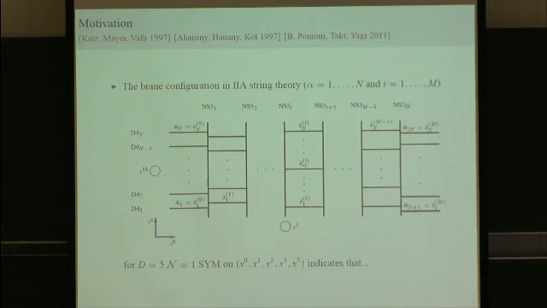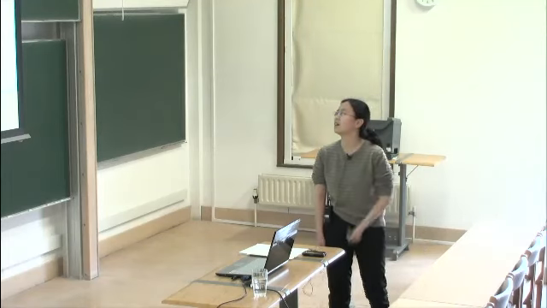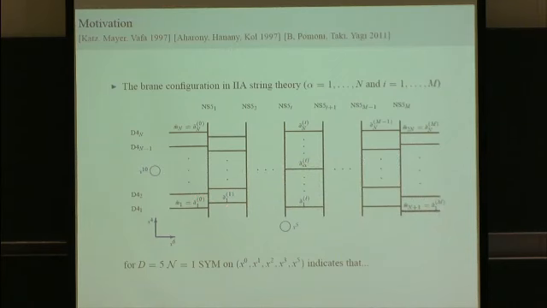This is again the same picture as I had before, with NS5 branes and the D4 branes that are the horizontal ones. My Coulomb moduli parameters are numbered from down to up. So this is 1, 1, and this is a general A_{alpha I}, and this is n. It counts the number of D4 branes.